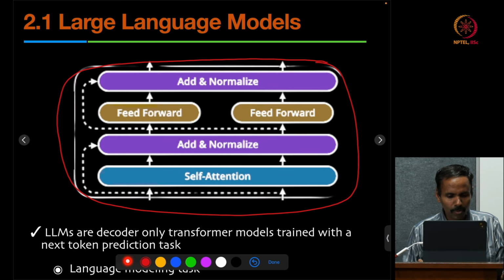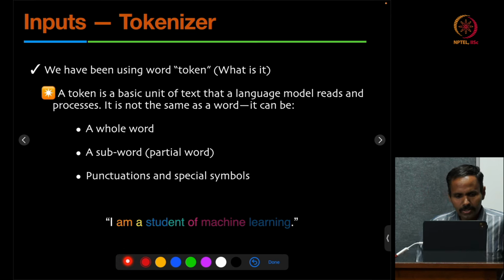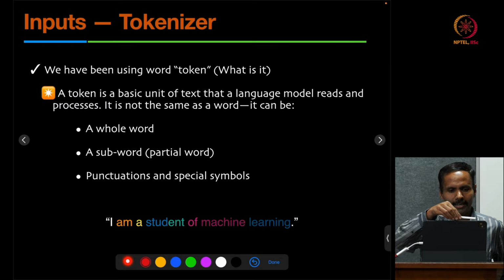One more point I want to remind, for completion of this recap of the previous session: we are talking about decoder only models, which fundamentally means all the models that we are going to cover today involve an input, and the model's task is to continue the prediction of the same token sequence in an autoregressive setting. This is the LLM world where you have decoder only models which perform the next token prediction task. Okay, so now let's talk about this fundamental tokenizer part.